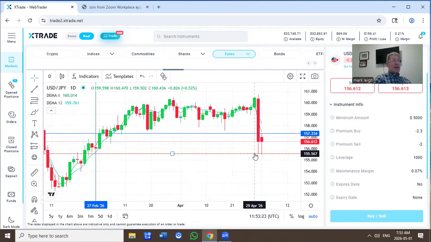I've got resistance at 157.34. If we do see a continuation of dollar weakness, so selling US, buying yen, perhaps we do see this red candlestick again coming down to the one below 156, 155 and a half support level. Alternatively, if US dollars can and do fight back, up here they'll be looking at the resistance 157.33.